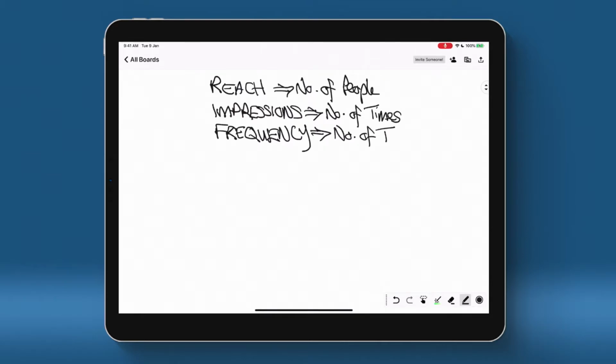And this is the number of times a person sees the ad. So if the person sees the ad on average 3 times, frequency is 3.0.